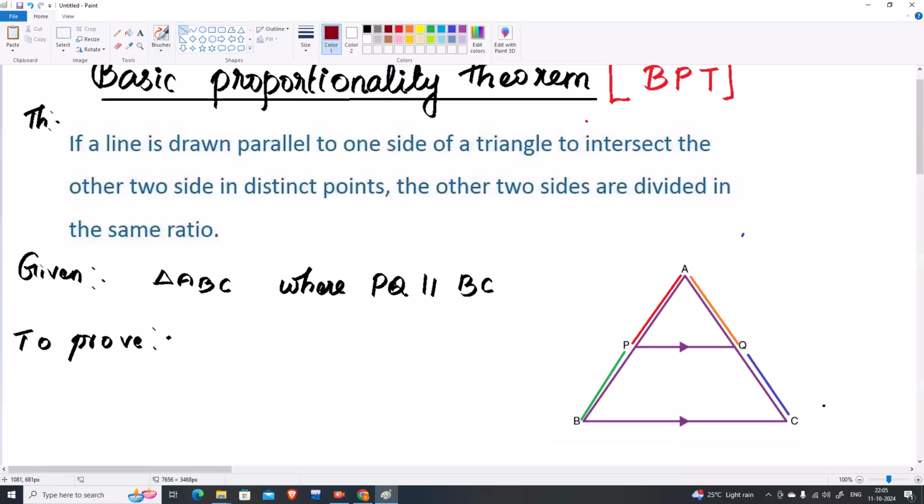Because of the parallel line PQ, we are getting AP, PB, and AQ and QC.